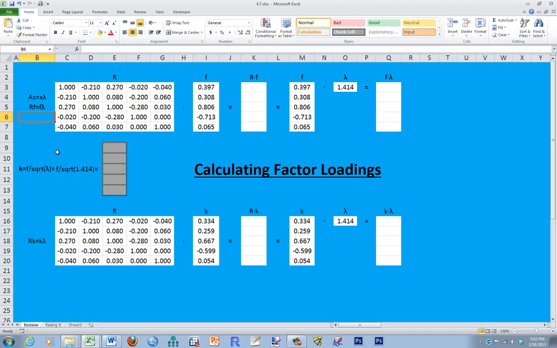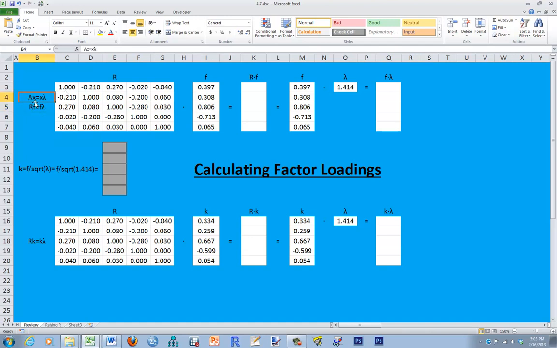Now, when the correlation matrix R from the Locurto et al. 2006 data we've been dealing with is post-multiplied by F, which is just the factor loadings on factor 1, we can have a similar formula.